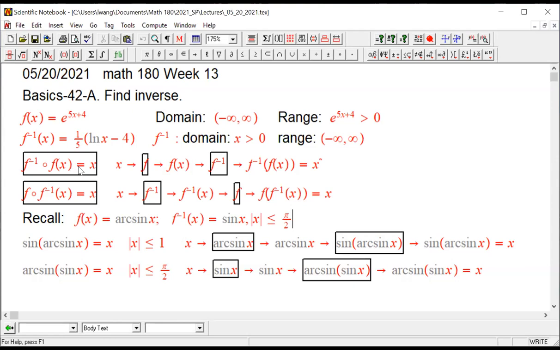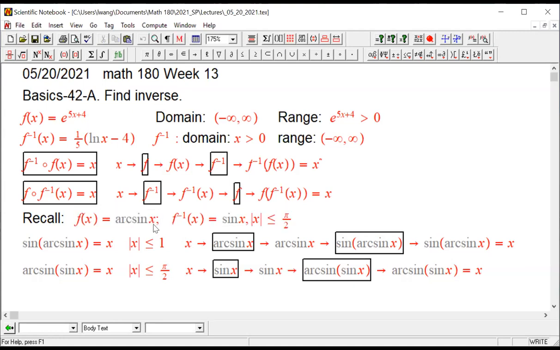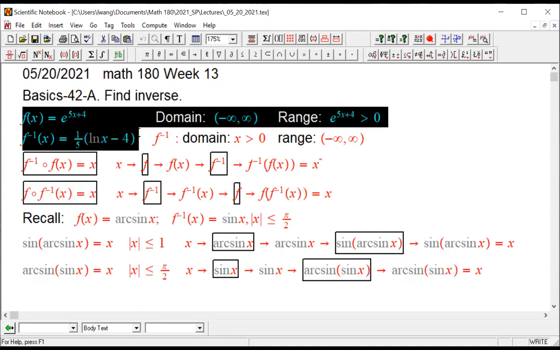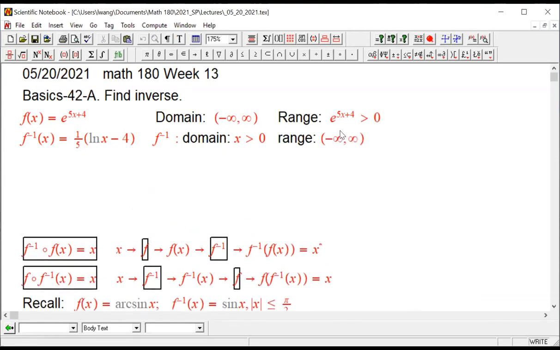As long as two functions are inverse to each other, they all satisfy this relationship, no exception. So now let's verify this is true for the two functions we have worked on at hand. That was a review.